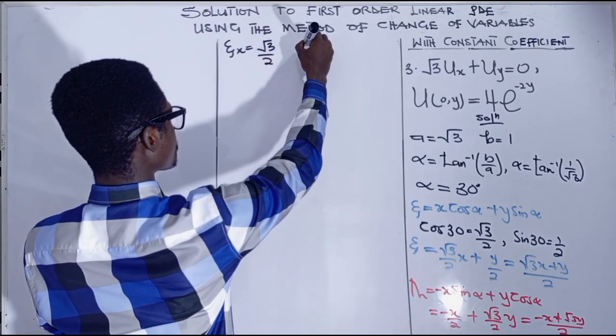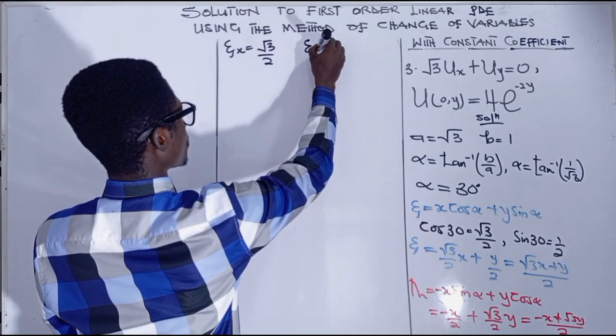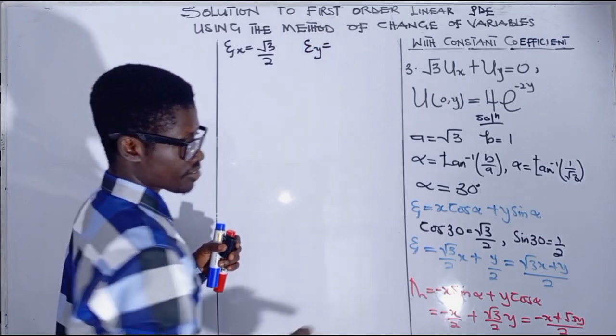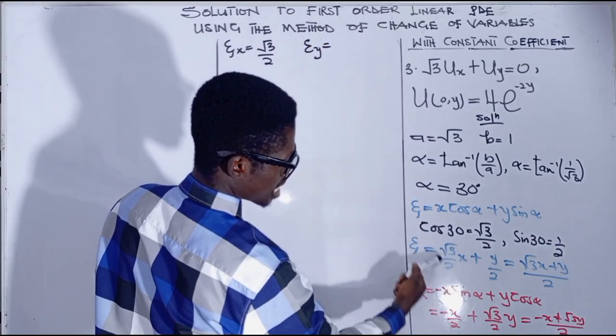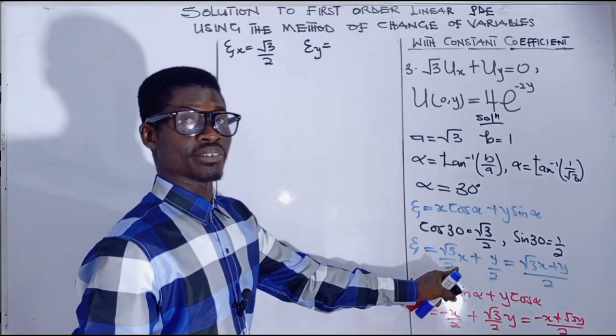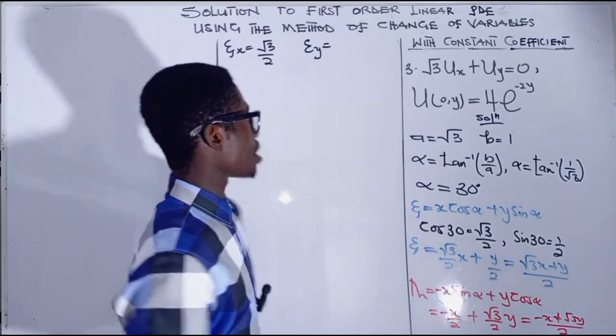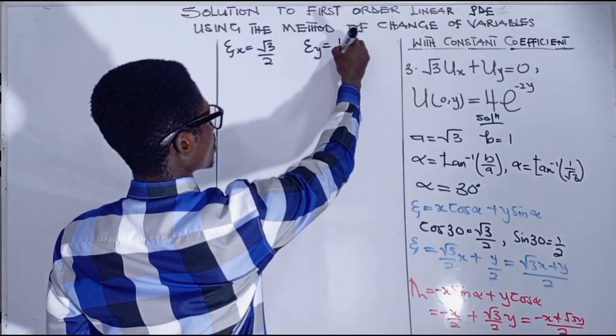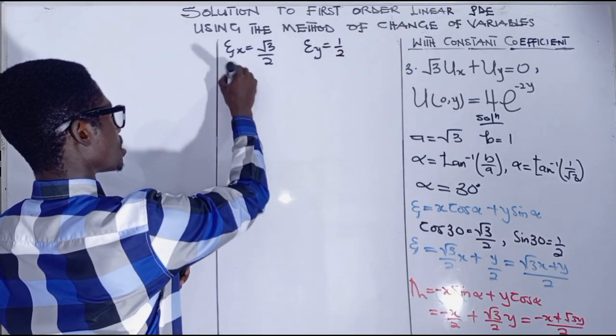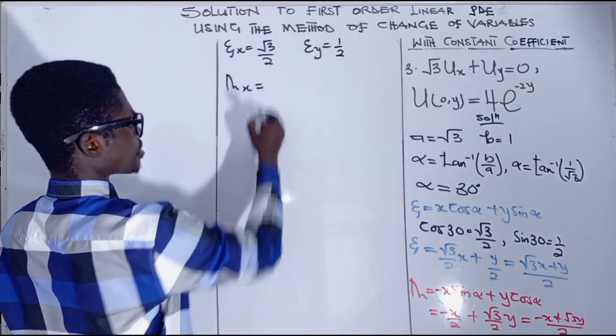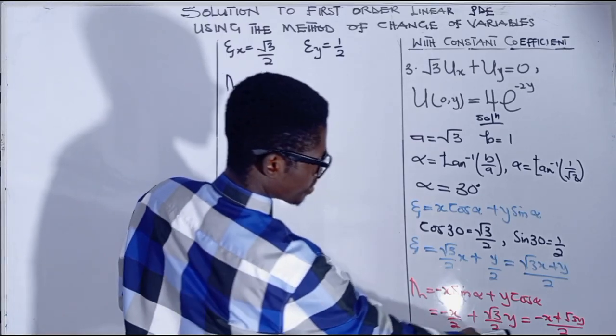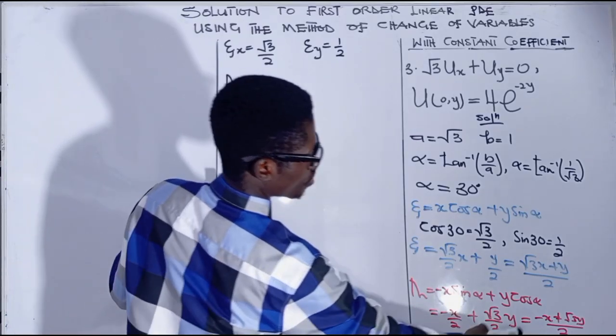Then we find xi y. We differentiate the same function with respect to y. Any function of x becomes a constant. So this will give us 0. And then we have what? 1 over 2. Then move on to eta x. We differentiate this function with respect to x. Any function of y becomes a constant.